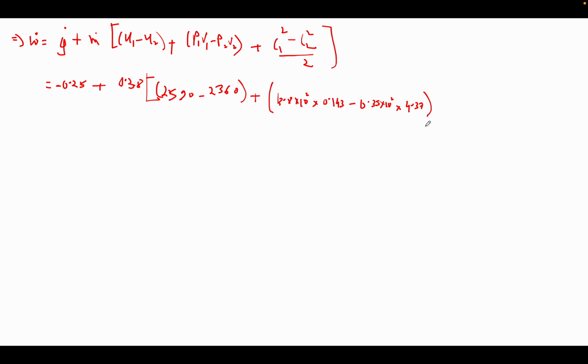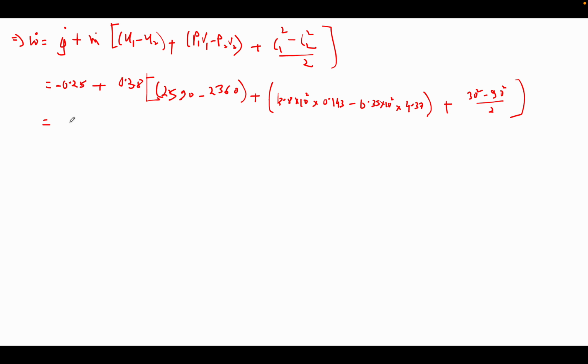Then plus c1 squared minus c2 squared, so this will be 30 squared minus 90 squared by 2.